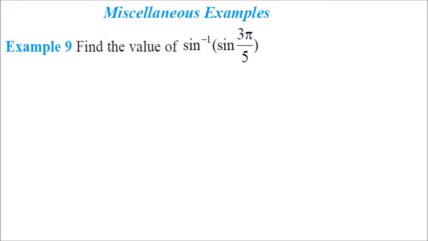Miscellaneous examples on inverse trigonometric functions. First is find the value of sine inverse sine 3 pi by 5. What you will be tempted to do is just cancel the sine inverse and write 3 pi by 5. But here we have to check whether this lies in the principal branch or not.